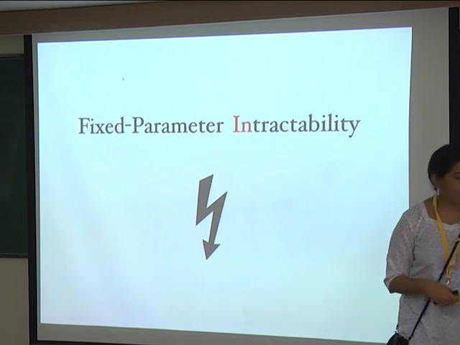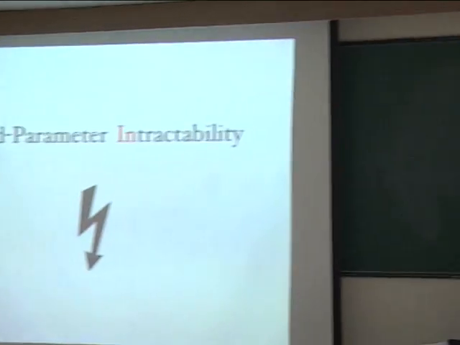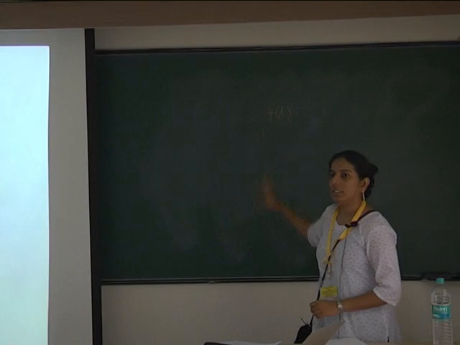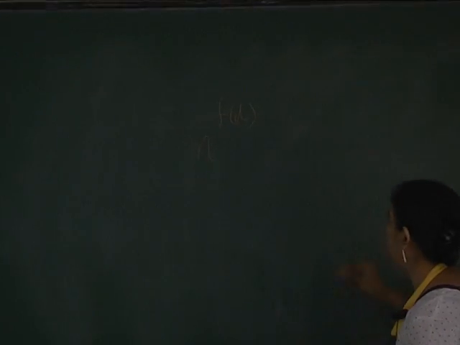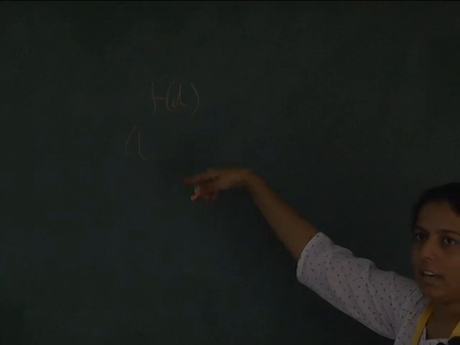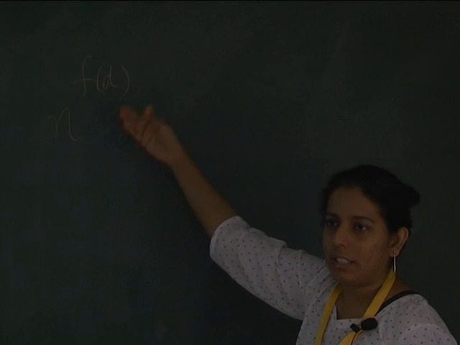Because notice that not only does it mean that you cannot have an FPT algorithm, it means that you cannot have any algorithm of the form n to the f of d, where d is the length of the longest clause. This is not even FPT. It's worse than FPT, because remember, FPT is where we try to separate the function of the parameter from the exponent of the input size.